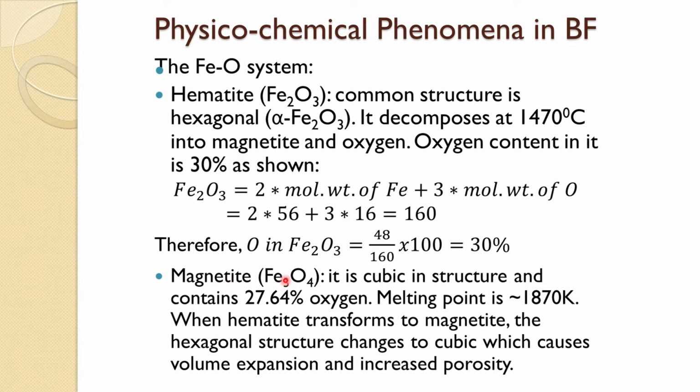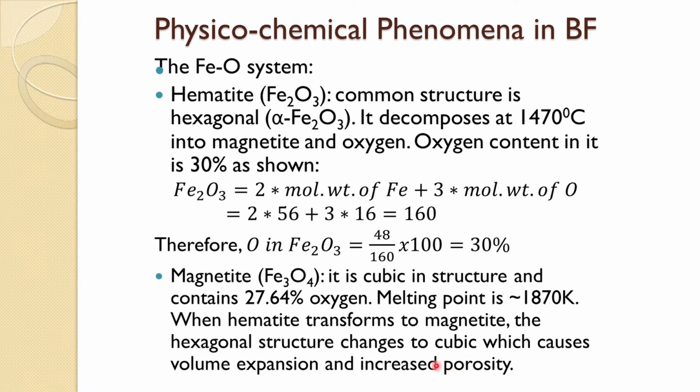Magnetite is cubic in structure and contains about 27.64% oxygen. It melts at 1870 degrees Kelvin. When hematite transforms to magnetite, the hexagonal structure changes to cubic structure, which causes volume expansion and increases the porosity.